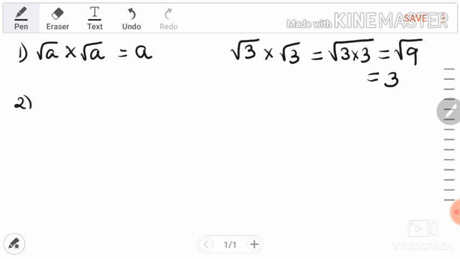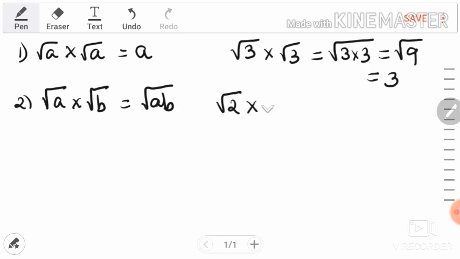The second property, root a into root b is equal to root ab. Example, let's take root a as root 2 and root b as root 3. Then the product of these two irrational numbers can be written like this: root a into b, that is 2 into 3.